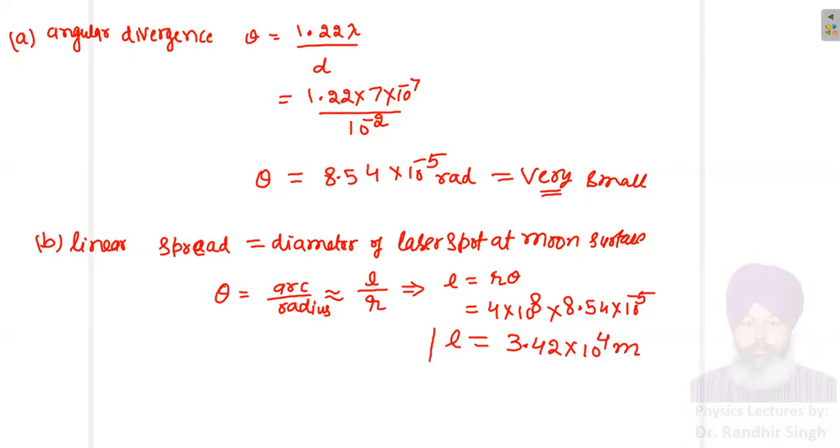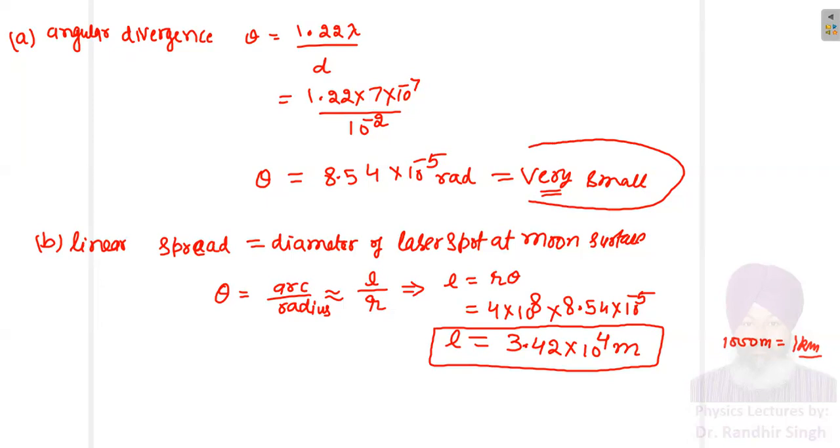Now you can very easily see what this is. It is not that we will be just solving the numericals; from numericals, we have to learn many things. 1000 meter is actually 1 kilometer, and you see that the divergence is very small. Although the divergence is very small, even then the diameter of this laser spot, when it reaches the surface of the moon, will be 34 kilometer.